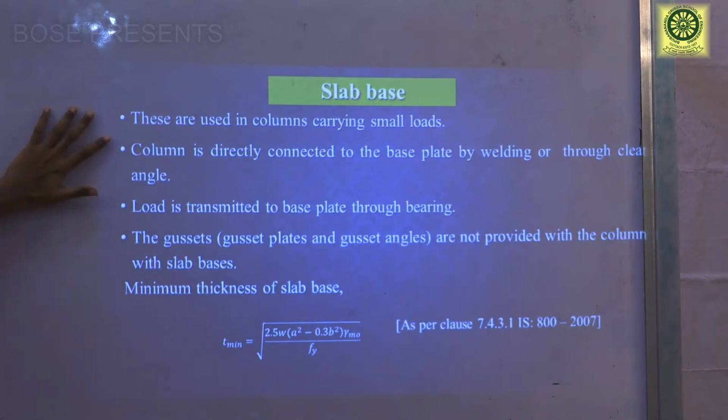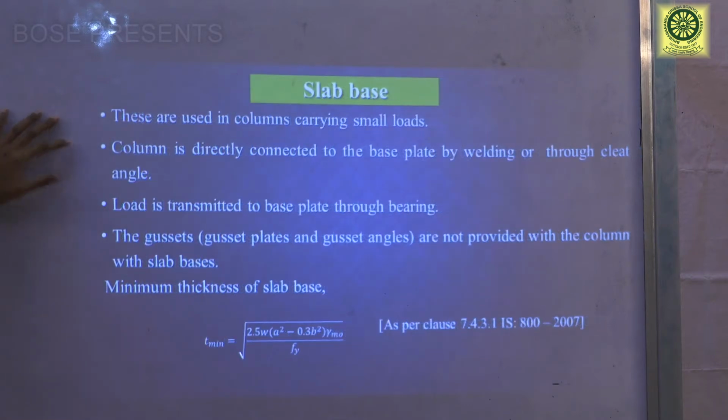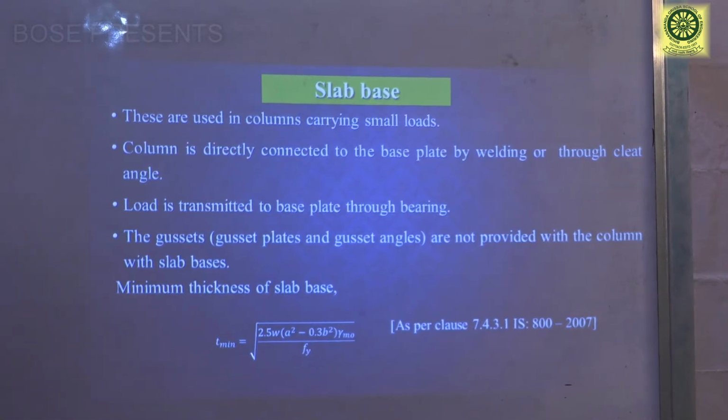Like here, the column is directly connected to the base plate through cleat angle. So here one cleat angle is used, so the pressure is transmitted through bearing action. If welding is used, then also the load is transmitted through bearing action. Here gusset plates are not used. Gusset plates are used in gusseted base.